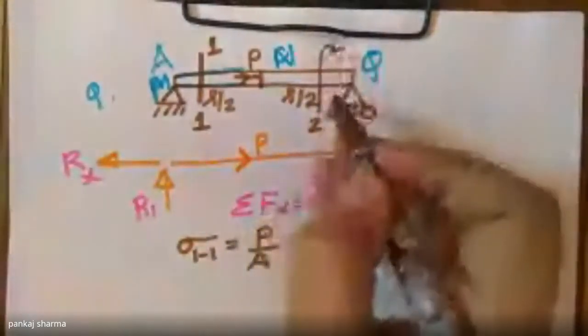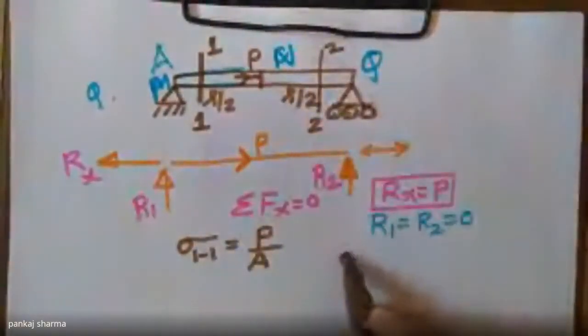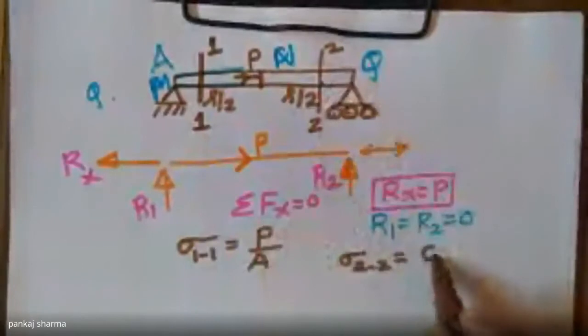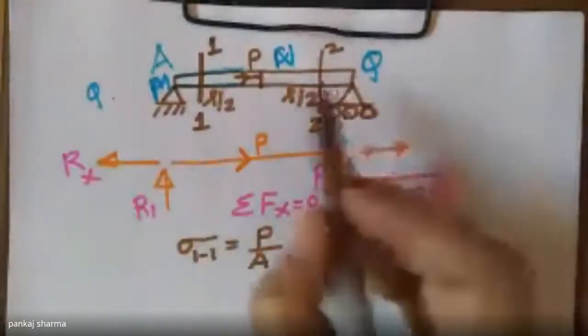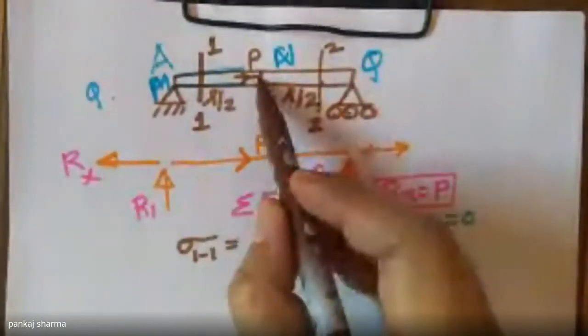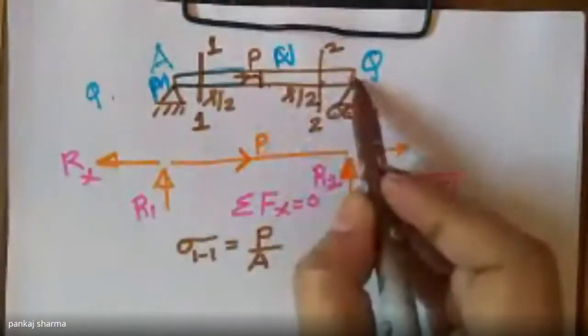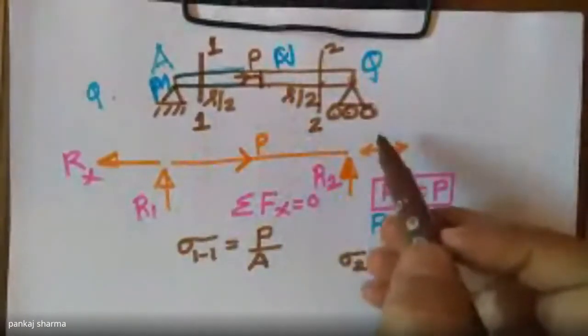If we want to calculate the stress induced here, sigma 22, the resistance force, there is no resistance force because this portion can easily move over the roller support.